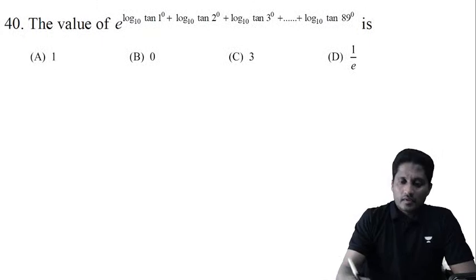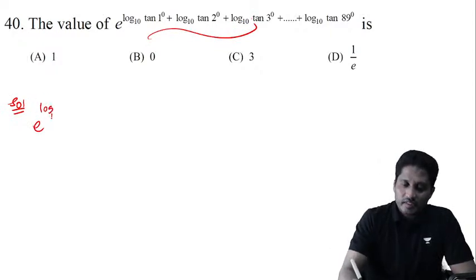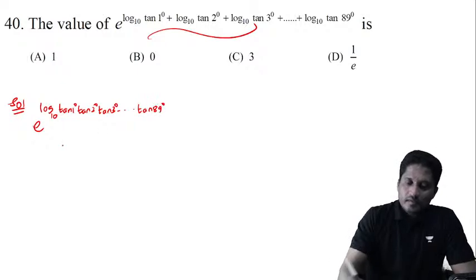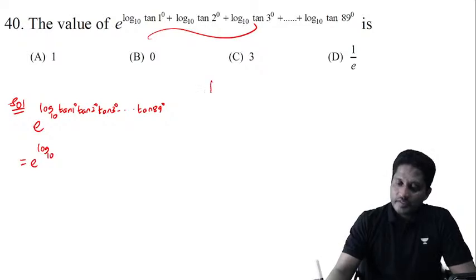Okay, question number 40. E to the power of log m plus log n is e to the power of log of m into n, right? So this is e to the power of log to the base 10 of tan 1 into tan 2 into tan 3 and so on up to tan 89. Now if I simplify this, it is tan 1 into tan 2 into tan 3 and so on up to tan 44.